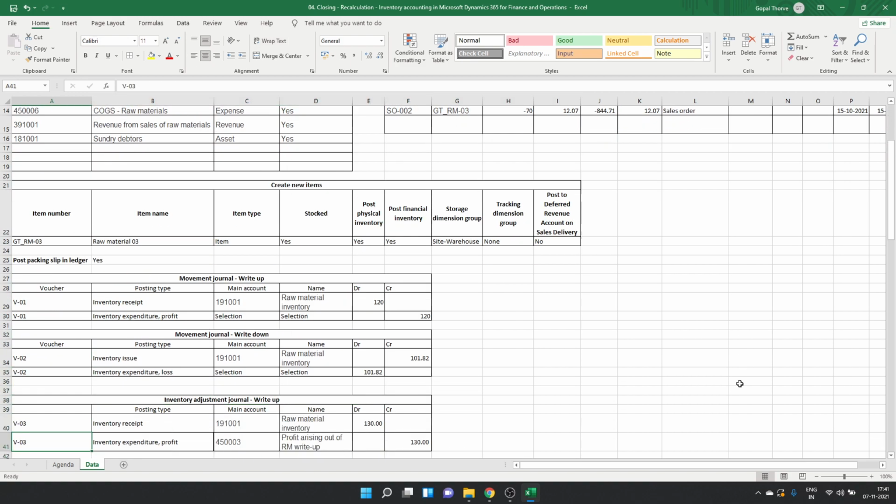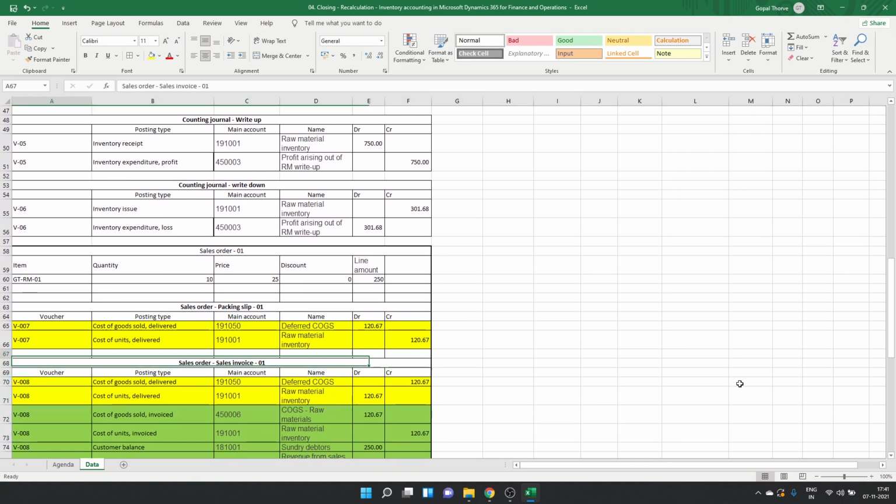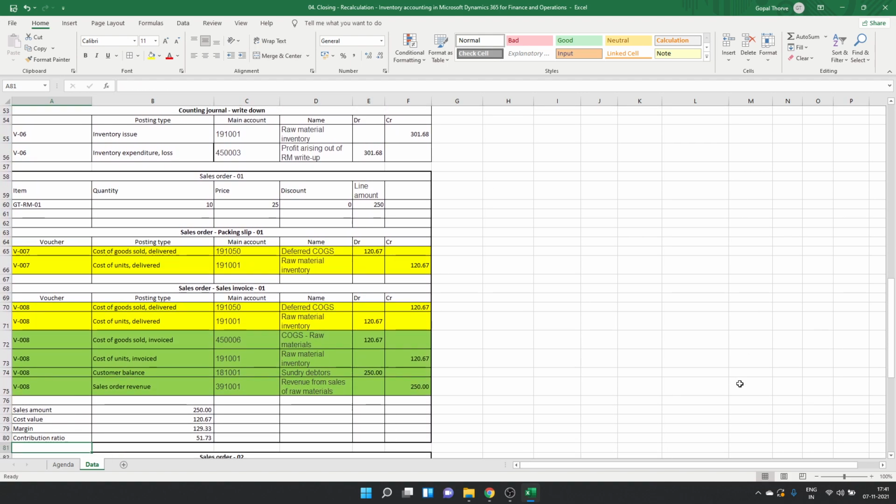So I want to show one thing here. Last time we posted the sales invoice, and I want to show you how the cost contribution and margin calculation works in Microsoft Dynamics 365 Finance and Operations. Okay, so let's go into system and see what this invoice says.